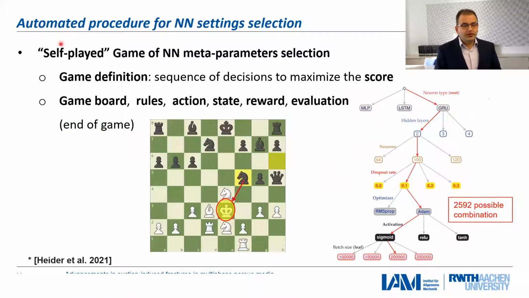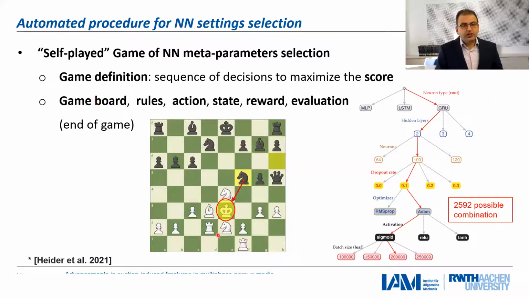Simply, we call this a self-played game of neural network metaparameter selection. The game definition is that we carry out sequences of decisions to maximize the score. So we make selections so that the trained model with this selection should be as accurate as possible. So the score in our case is connected to the accuracy of the prediction.